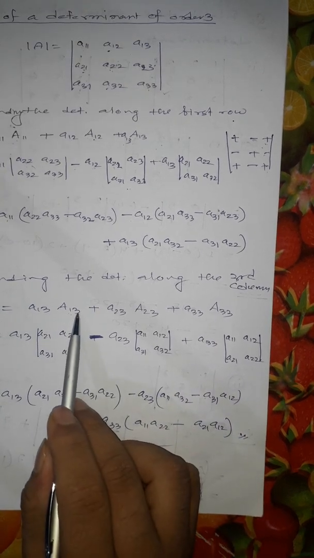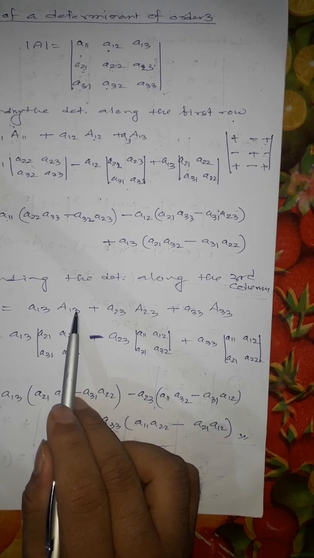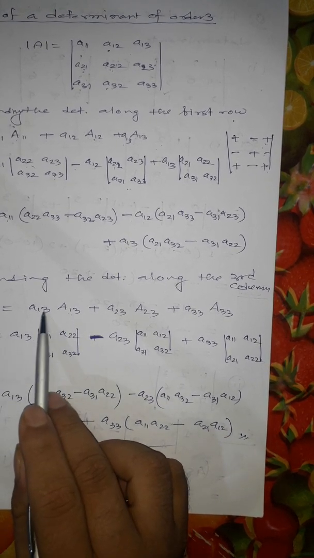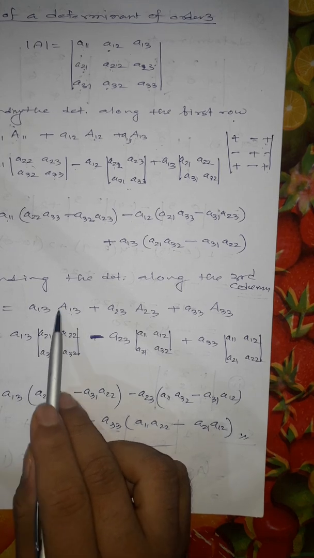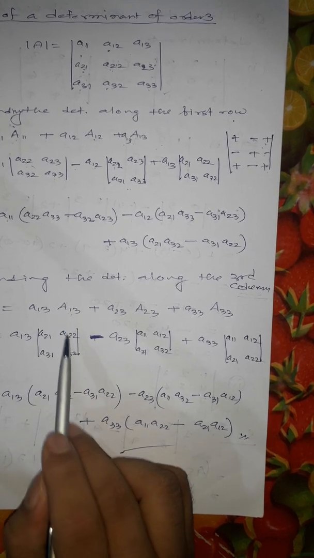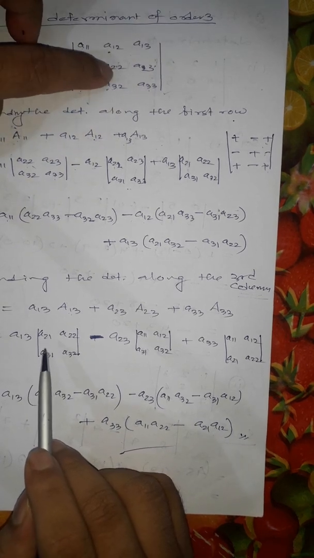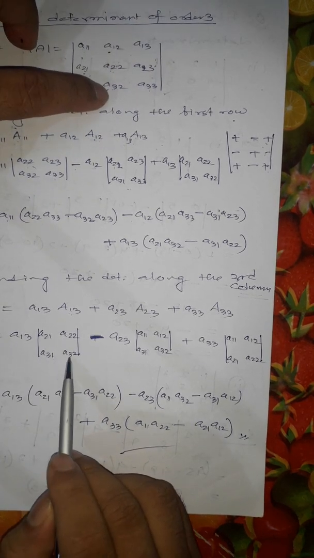So for A13, 1 plus 3 is 4, even, so the sign will be plus here. And then you write down the minor of this element, in place of capital A13. Minor will be A21, A22, A31, A32.